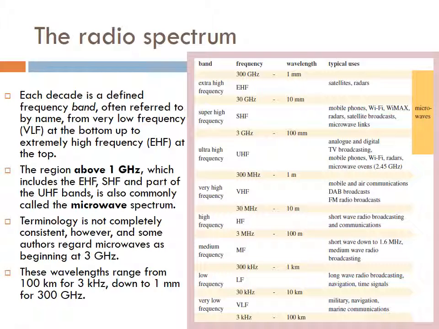The region above 1 GHz, which includes EHF, SHF, and part of the UHF, is commonly called the microwave spectrum. Terminology is not completely consistent, however, and some authors regard microwaves as beginning at 3 GHz. These wavelengths range from 100 km for 3 kHz down to 1 millimeter for 300 gigahertz.